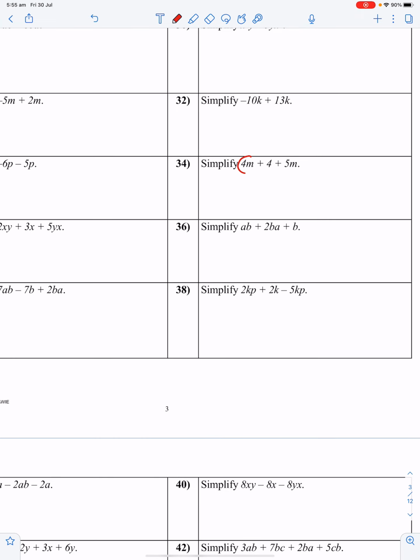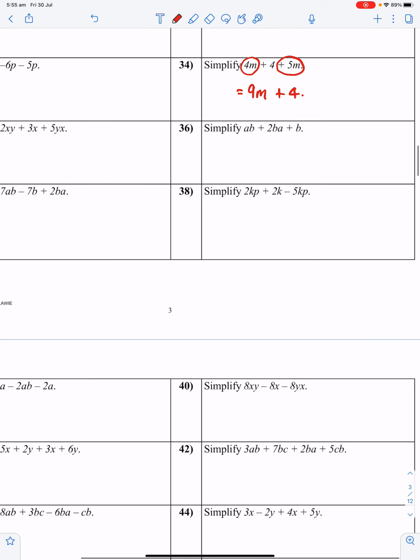You've got 4m plus 5m is equal to 9m, and you stop, and now you put the plus 4 back where it was. Question 38. You've got 2kp minus 5kp, and 2 minus 5 is minus 3, so you're going to write down minus 3kp, and the plus 2k, you put it back where it was.